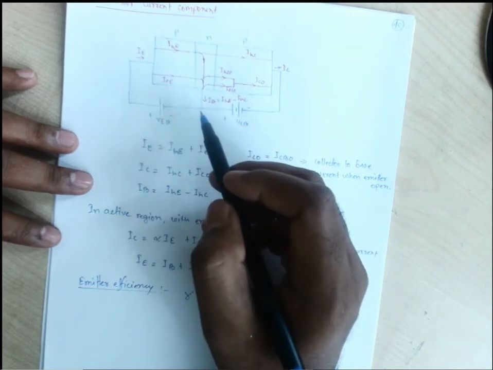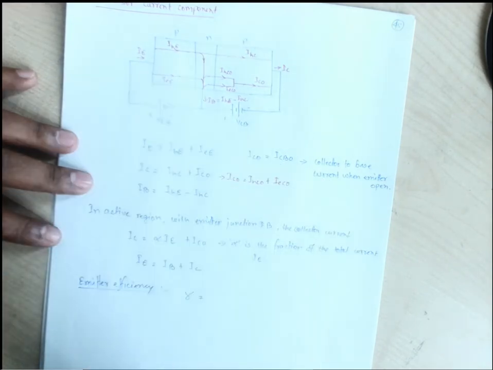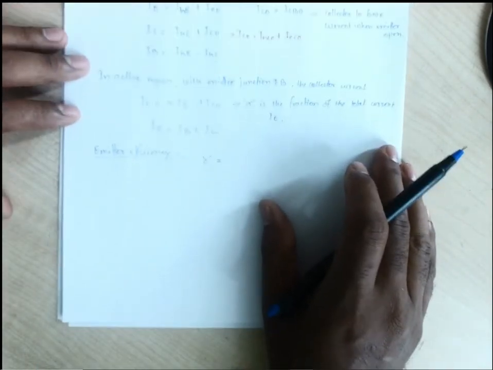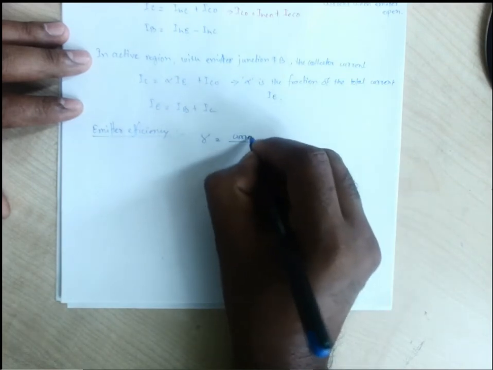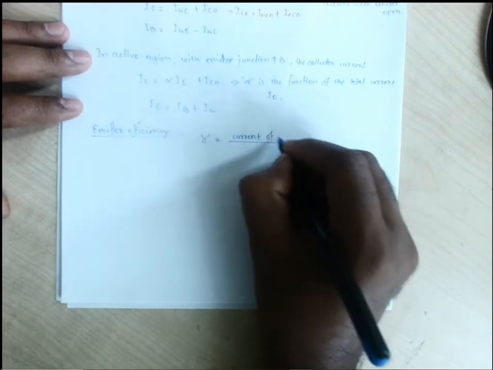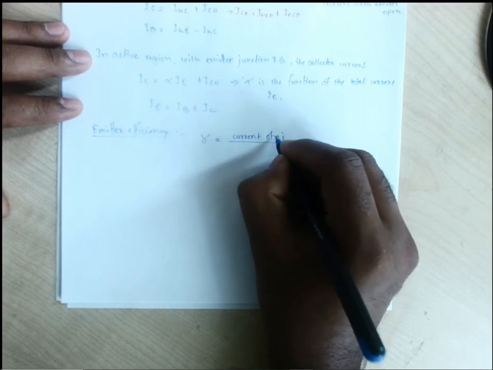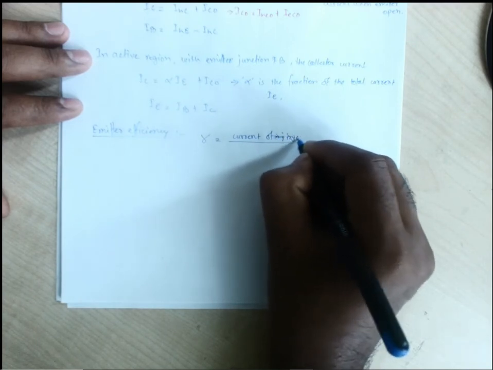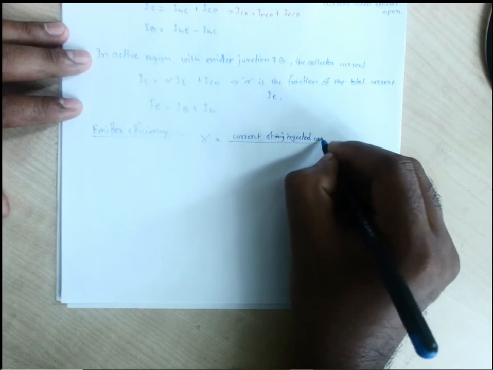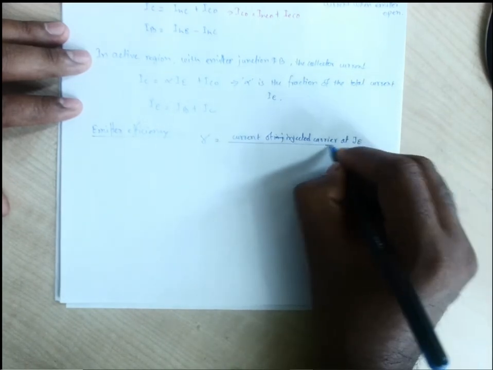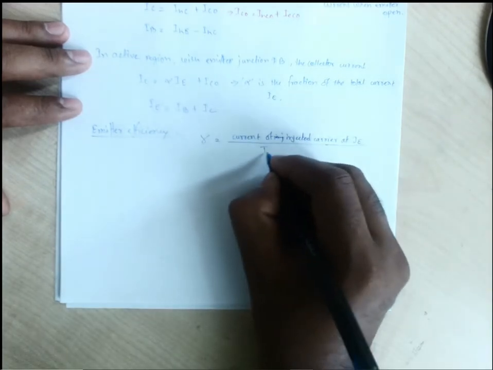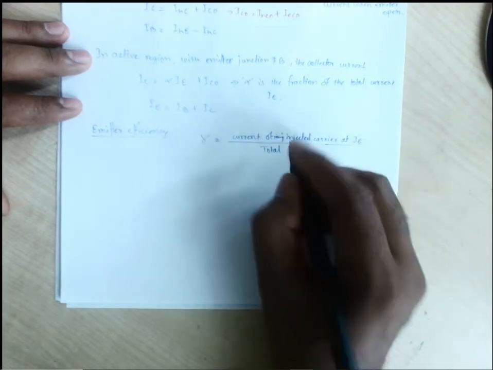That is, injected carrier current at JE divided by total emitter current.